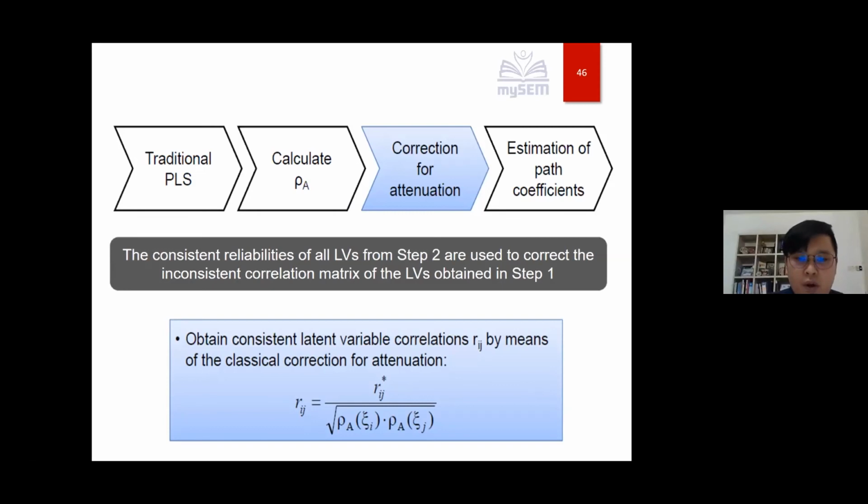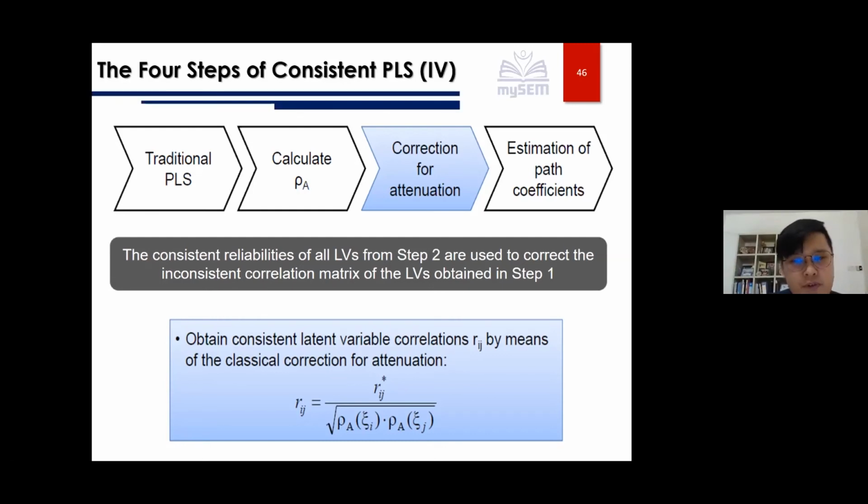This itself is a good step, as it corrects the inconsistent correlation matrix of the latent variable scores obtained in step 1, which means it corrects the correlation matrix of the traditional PLS using the reliability generated in step 2. This reliability generated in step 2 will be your true reliability representing the reflective construct.